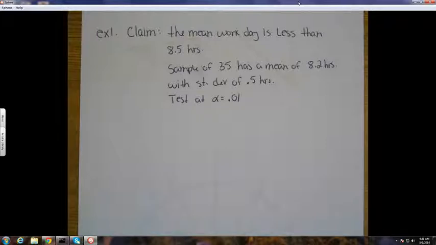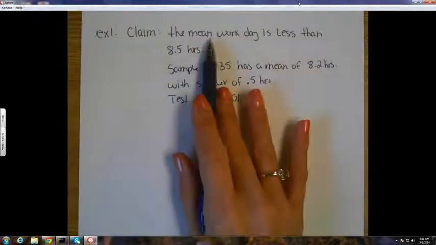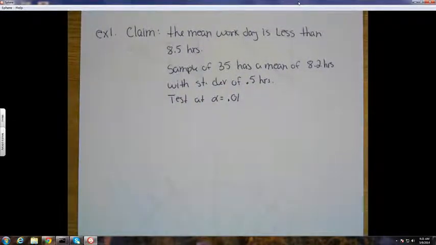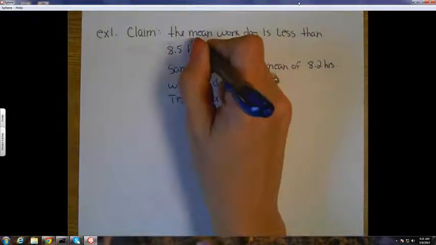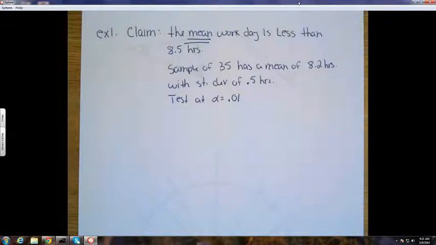When they're all together, all of this on the test, that's where you guys got a little messed up. So you have to write the claim. First thing is to write the pair of hypotheses. Get the symbol right, because the symbol is going to tell you which section to go to on your note card. The claim is about the mean workday. So what symbol are you going to use?